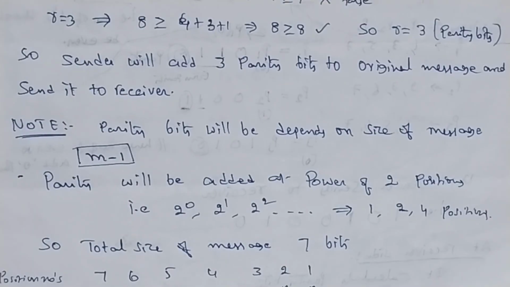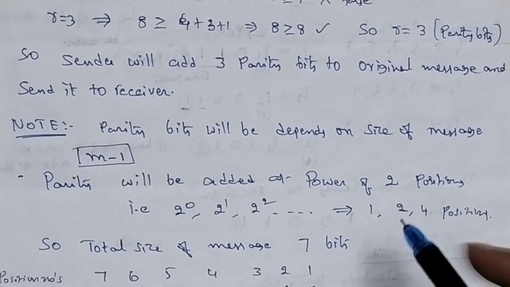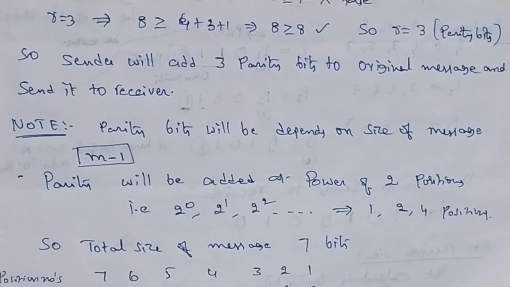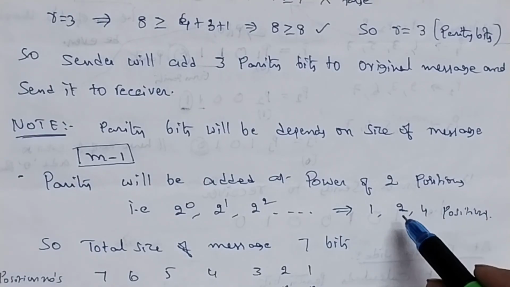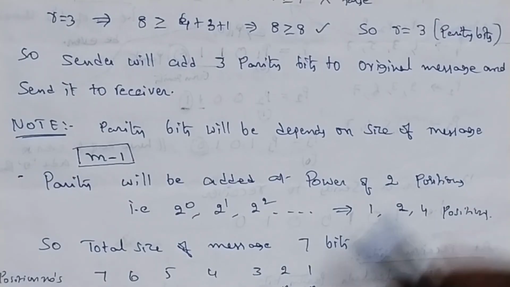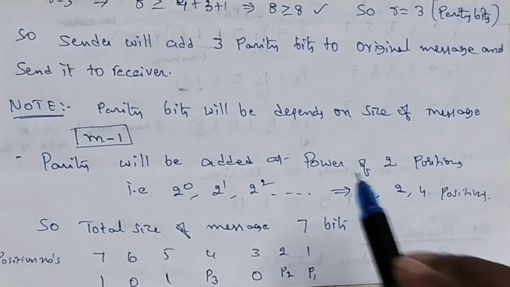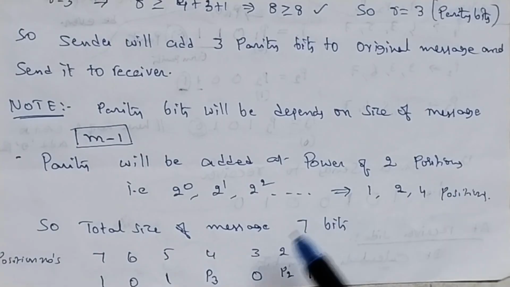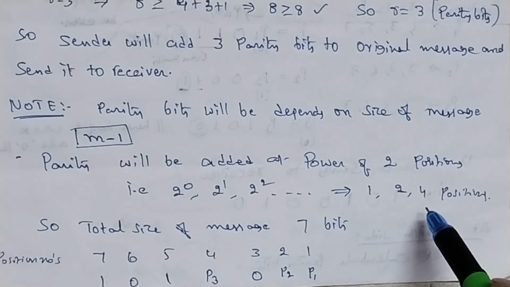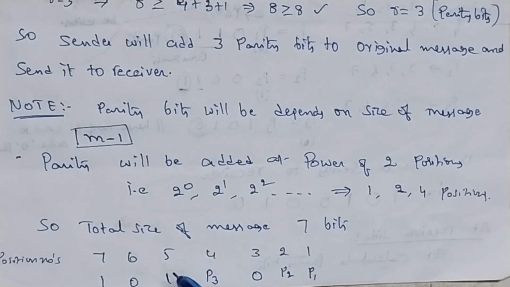The first position is parity bit 1, P1. The second position is parity bit 2, P2. The third position is an original frame bit, 0. The fourth position is the parity bit P3, and the remaining fifth, sixth and seventh positions are the original bits.